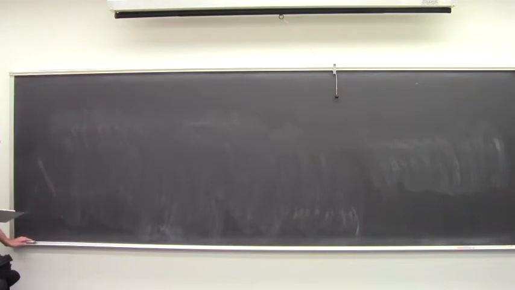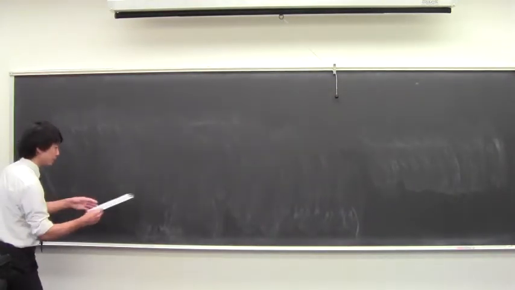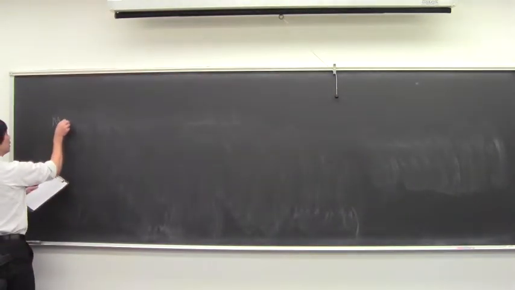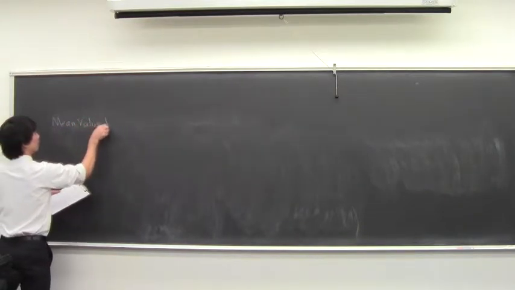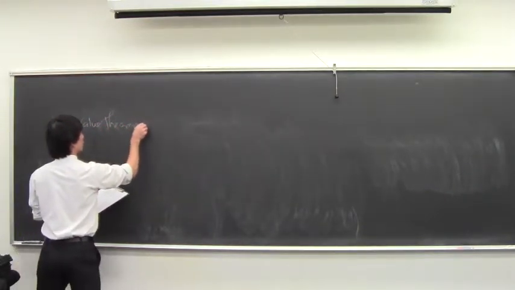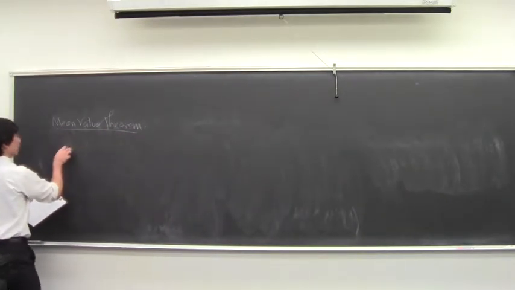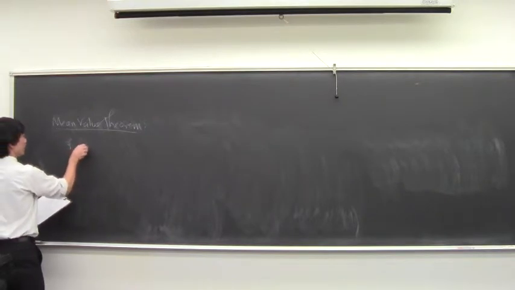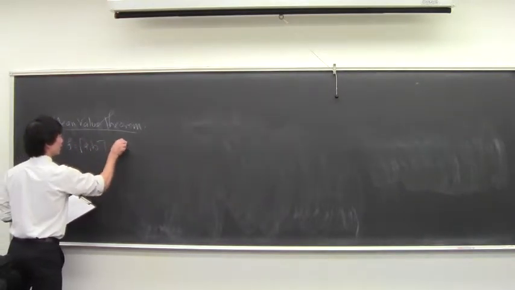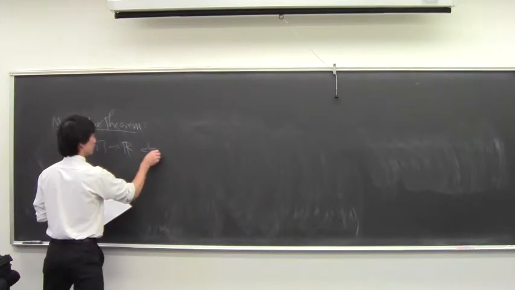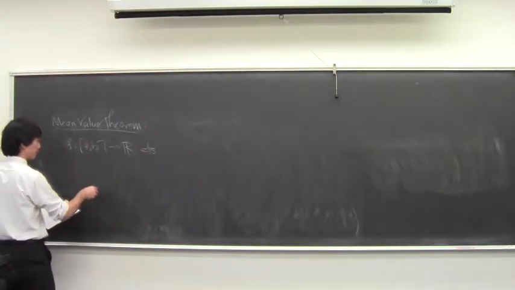Okay. So let's get back to the mean value theorem. Remember what that tells you. It says, if you have a function on [a, b] and it's continuous, then what?